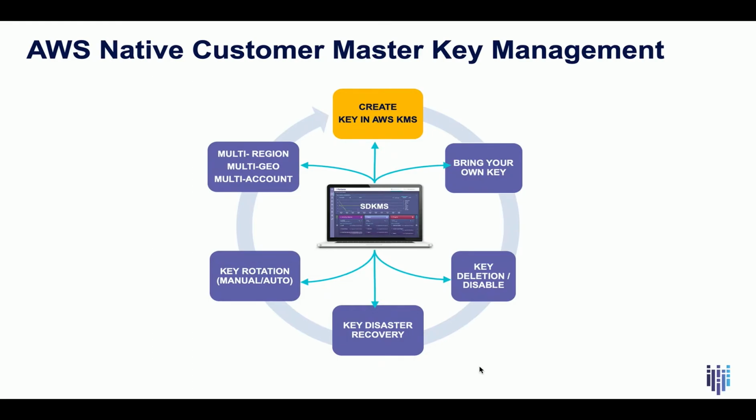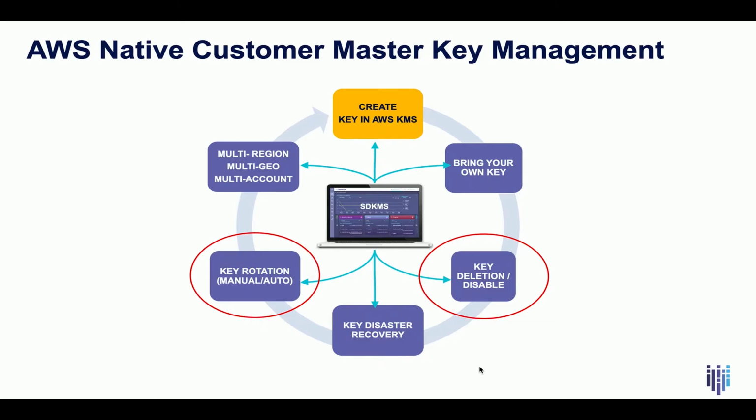Fortanix Self-Defending Key Management Service lets you manage the entire lifecycle of the key, even if it's created natively in AWS KMS, which means that using our tool, you can generate the key inside AWS KMS. However, when you do that, you get two options out of all the actions that we talked about.